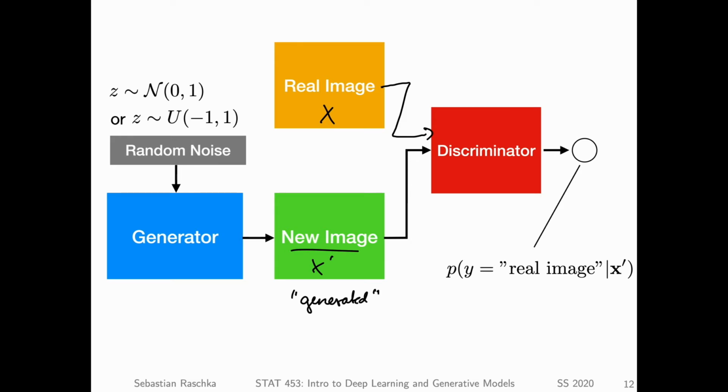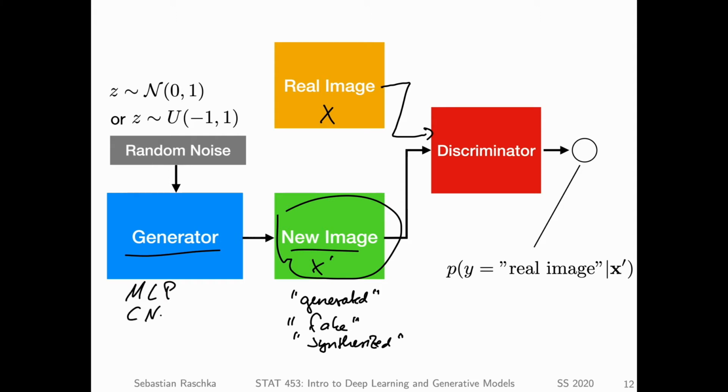We also say sometimes it's fake image because it's not actually in the training set, it's a generated image. We can also say synthesized. These are all different words that mean the same thing here. So this is an image that comes from a generator, which is also a neural network. Could be, for example, also a multi-layer perceptron or convolutional neural network, CNN.